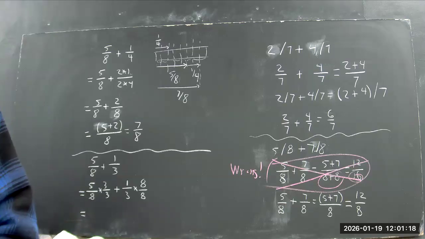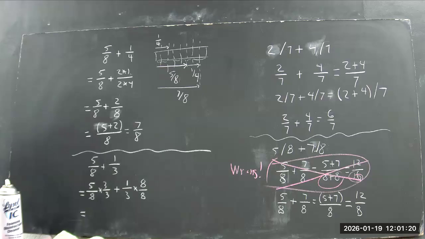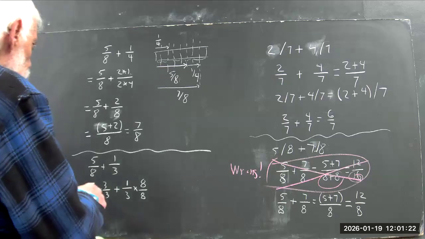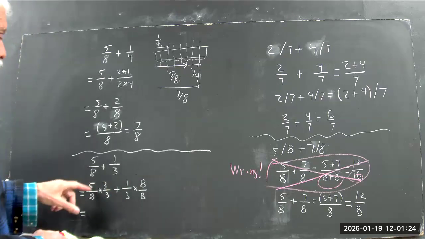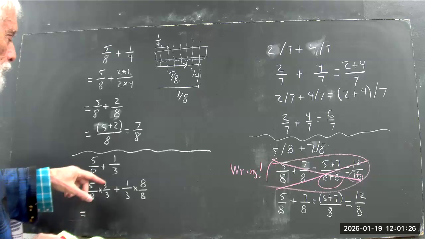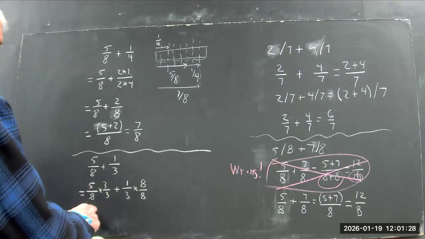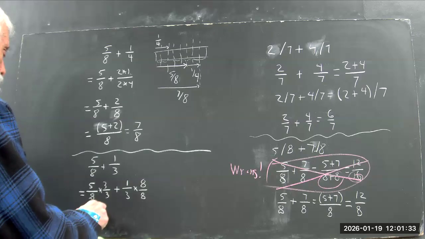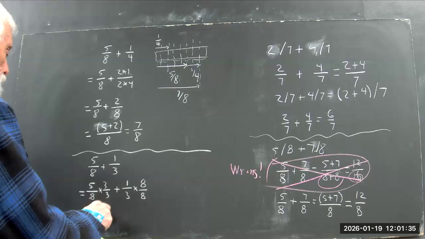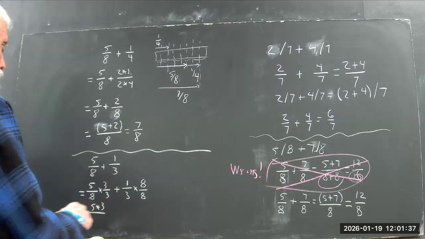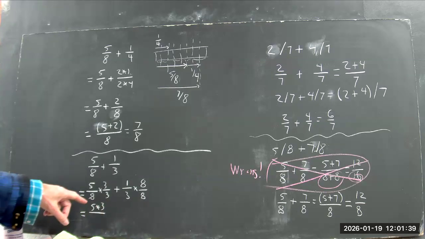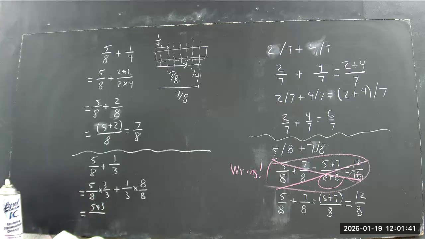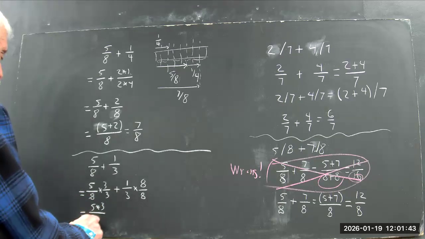Okay, has to be true. So I multiply the numerator. Okay, 5/8 multiplied by 3/3. You multiply the numerators, which are 5 and 3. So I'm just going to multiply 5 times 3. And in the denominator, you multiply the 8 times 3.